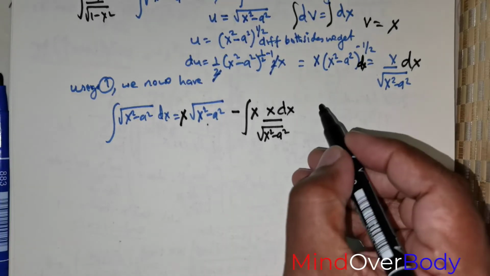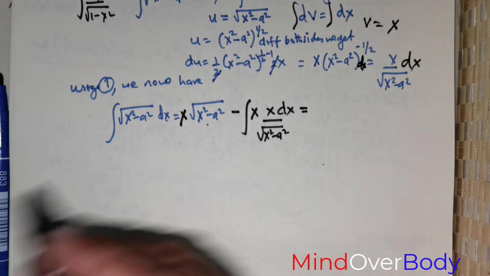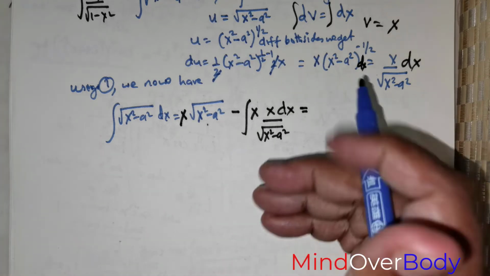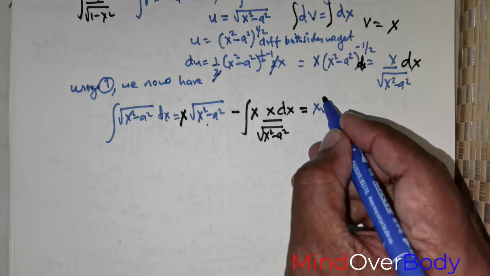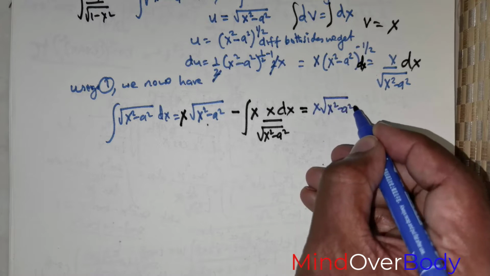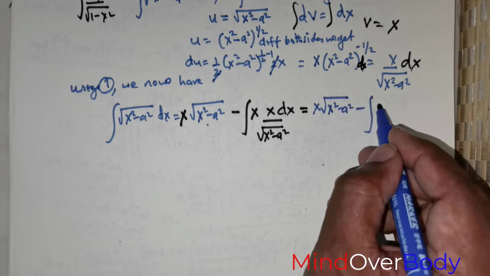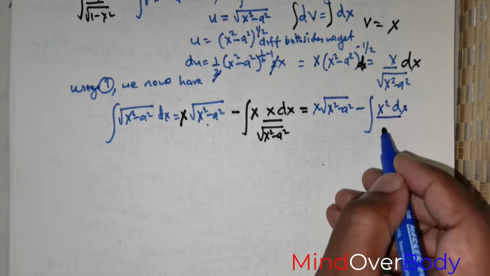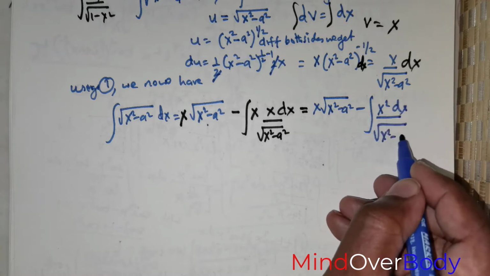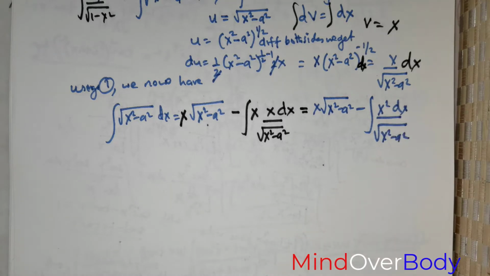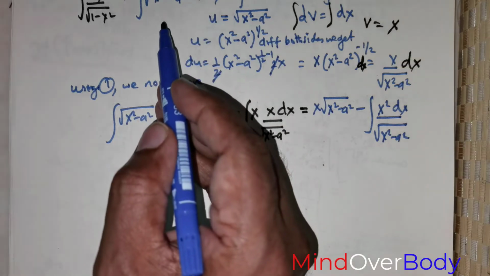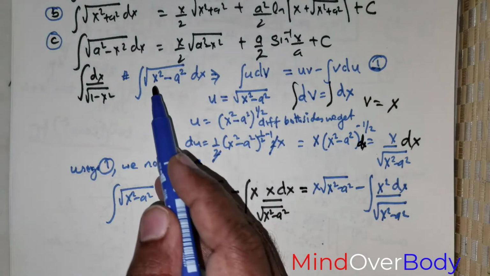So this can be rewritten as x times root of x squared negative a squared negative integral x squared times dx over square root of x squared negative a squared.